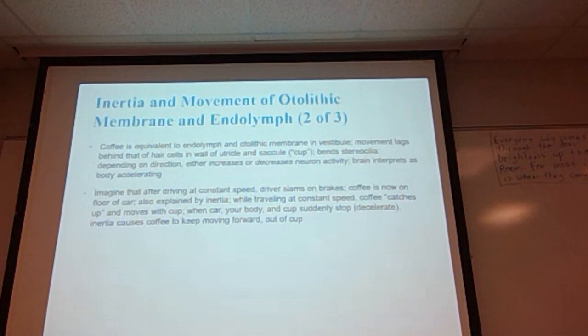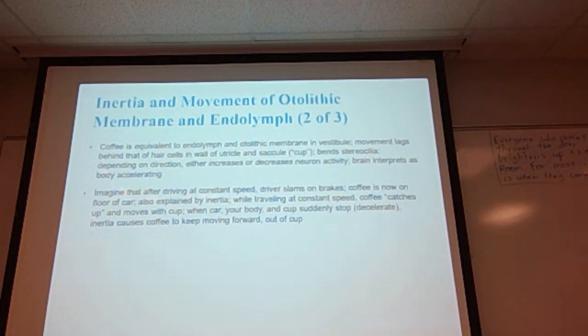The coffee, in this analogy, is equivalent to the endolymph and the otolithic membrane in the vestibule. The movement lags behind that of the hairs in the wall of the utricle and the saccule. Those would be analogous to the cup. That bends the stereocilia, and depending on direction, either increases or decreases the neuron activity, and the brain interprets that as the body accelerating.